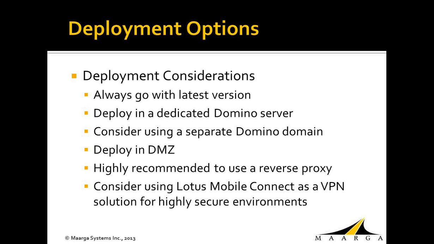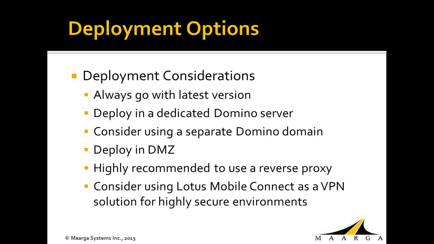And also for the security and convenience factor, it is always good to consider deploying Traveler on a dedicated Domino domain, and you can enable cross-certification and make the Traveler server, on a separate domain, connect to your mail servers and read the user's mail file from there.